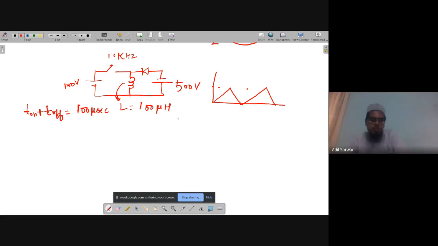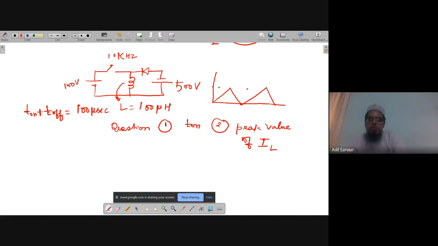Now the question is, first, to find T on, and second, to find the peak value of the inductor current IL.